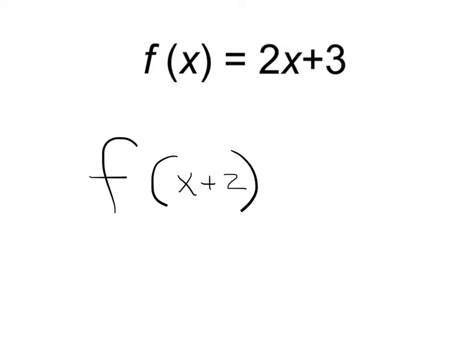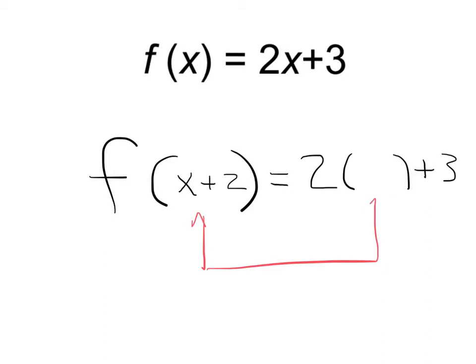Now, how does that play out when I look at the equation? Well, we know the way function notation works, the equation stays the same over here, except whatever is in the parentheses here gets plugged in for the x that was over here. So in this case, if I modify my argument by increasing its value by 2, the result is over here, I get an x plus 2 in my parentheses where the x used to be.